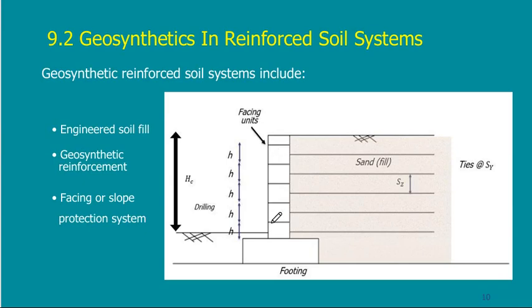This is another shape, but it shows us the parts of this system. We have a small footing at the bottom, just a small footing, and above this footing we put the facing. It may be like blocks.